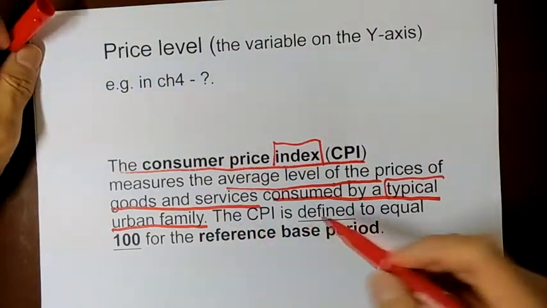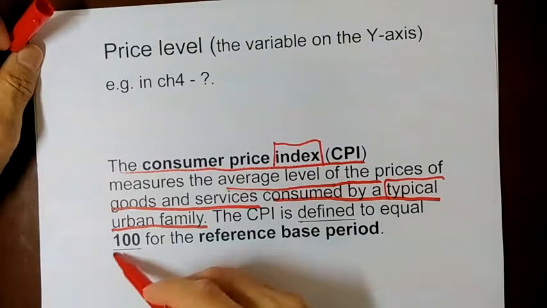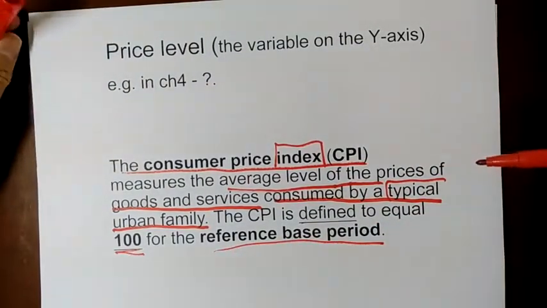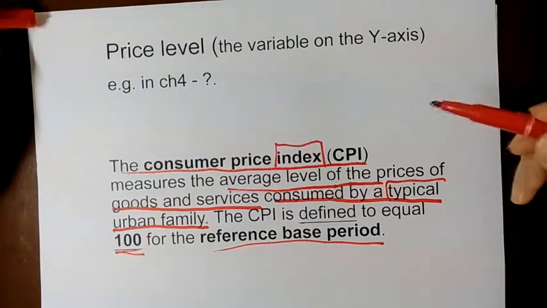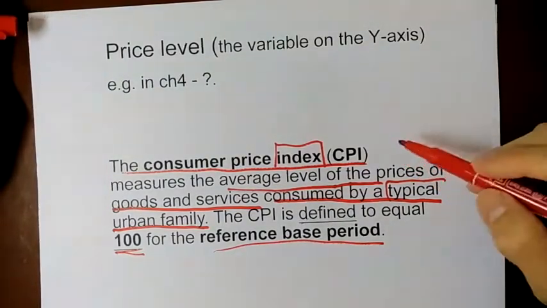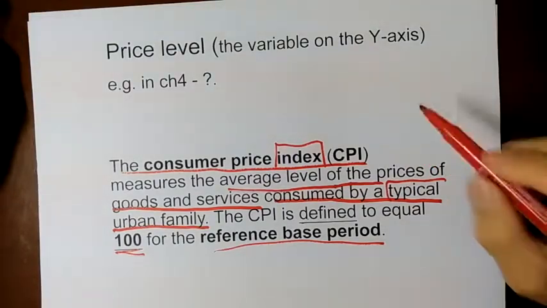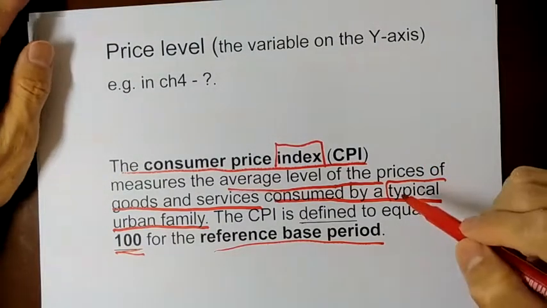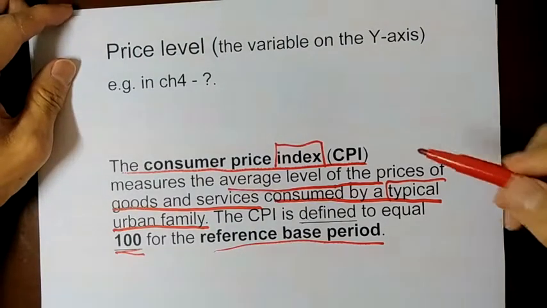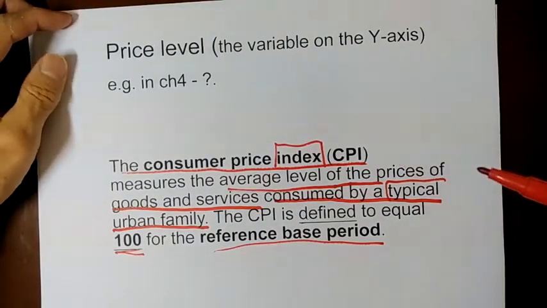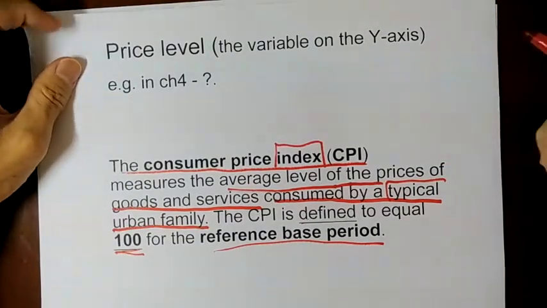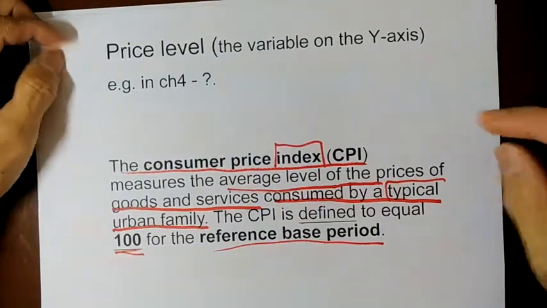The CPI is defined to equal 100 for the base period. Remember in chapter 4, the base period GDP deflator is always equal to 100. That's the definition of an index. So any index is equal to 100 in the base period. Okay, that's the definition. You have to define the units first.